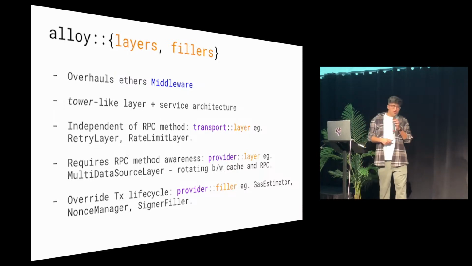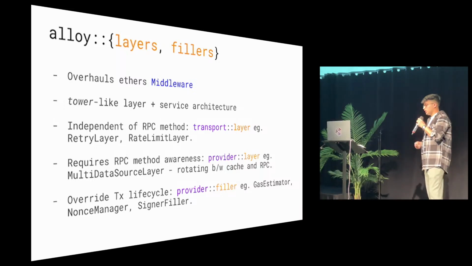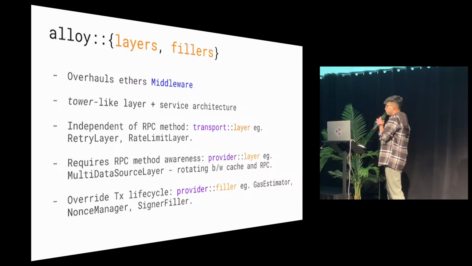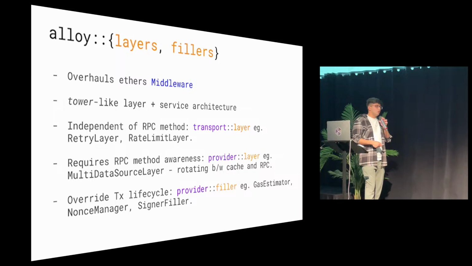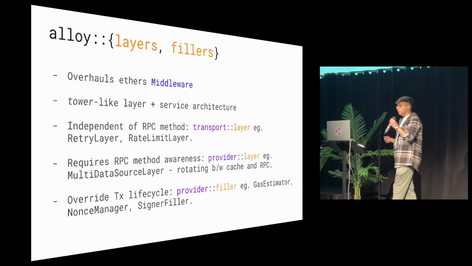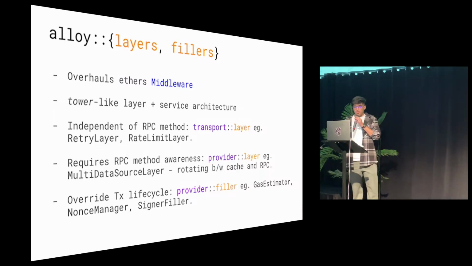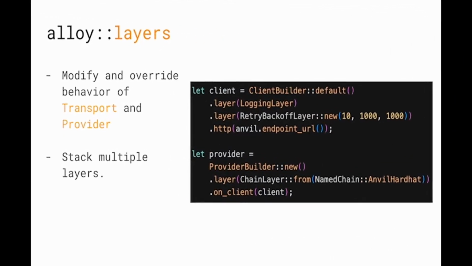Now, if you want to override the transactional lifecycle, which basically means you want to set gas params, manage nonces, sign transactions, anything related to filling the transaction-related fields should be managed by the provider filler. More on that in the next few slides. So layers, like I said, let you modify and override behavior of the transport layer and provider. You can stack multiple layers on top of each other and have them work together at once.